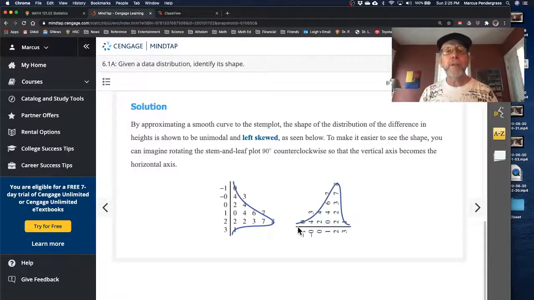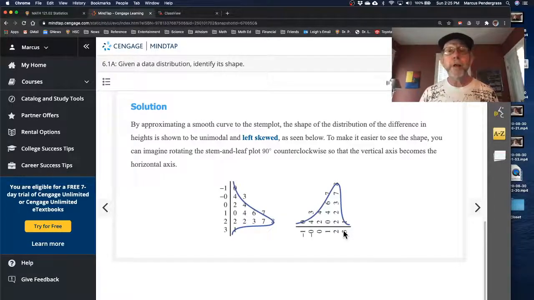You've got a few of the differences that were small or actually even negative, where the unfertilized plant was taller than the fertilized plant. But for the majority, the difference was positive. The fertilized plant was between, it looks like, 1 and 3 centimeters taller than the unfertilized plant for the majority of those plots.